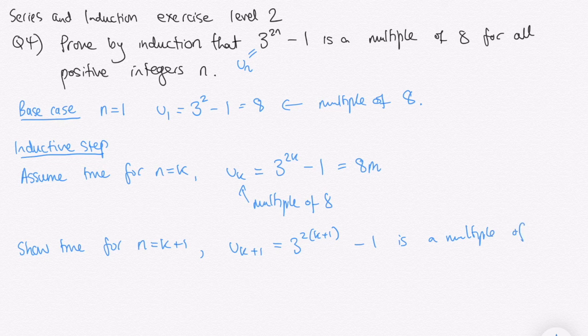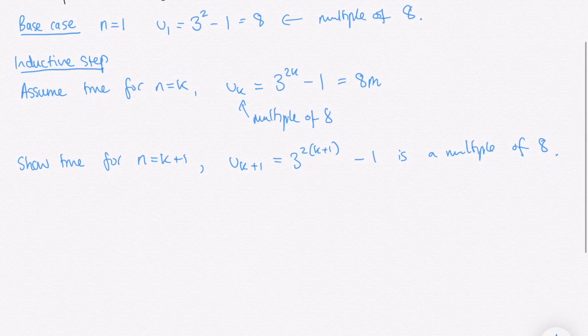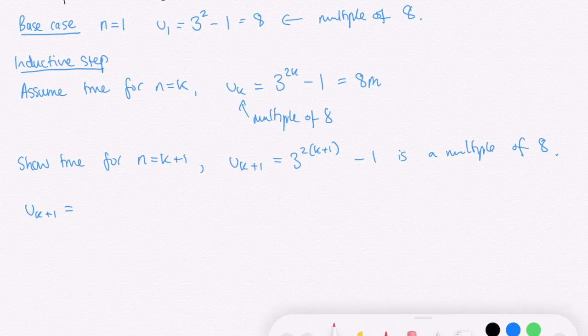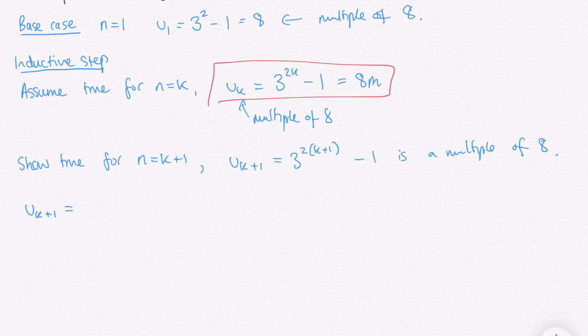Okay, so let's take our expression uk plus 1 and use our inductive hypothesis to show that uk plus 1 is also a multiple of 8. So uk plus 1 is equal to 3 to the, and if we expand out this bracket, 2k plus 2, subtract 1.